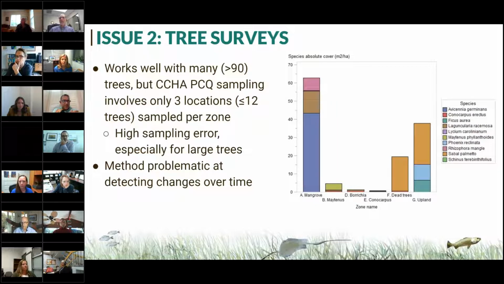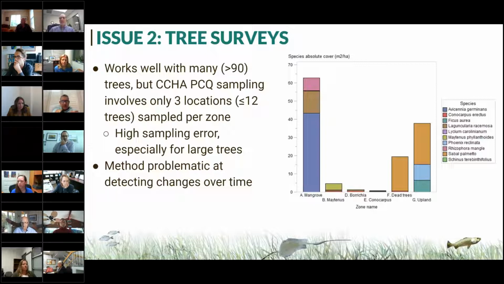So PCQ is designed for use with a very large sample size. We're talking normally at least 100 trees. But in the current methods in CCHA, we're doing calculations with only a maximum of 12 trees, sometimes only 2 to 4 trees in some of the less vegetated zones.